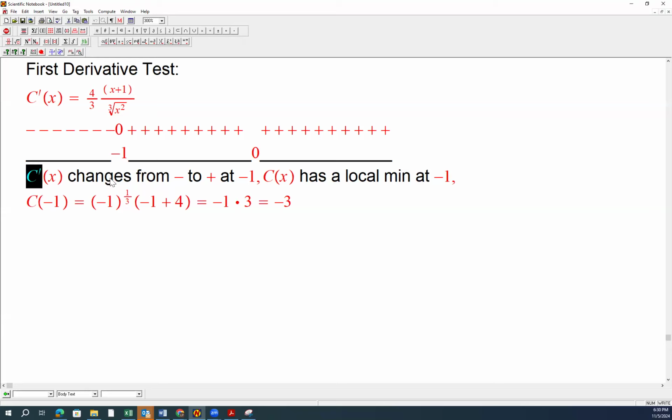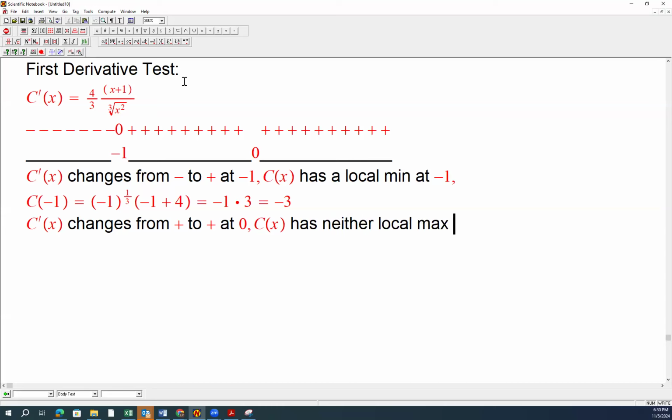And the first derivative doesn't change sign at 0, it changes from positive to positive. According to the first derivative test, the function has neither a local max nor a local min at 0.